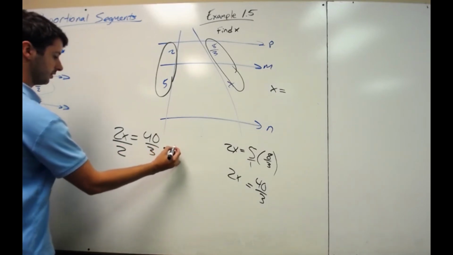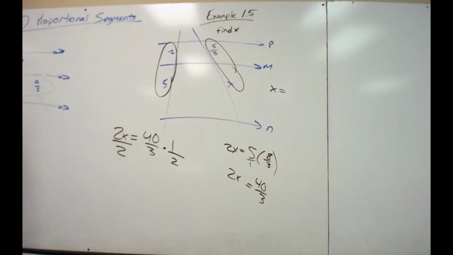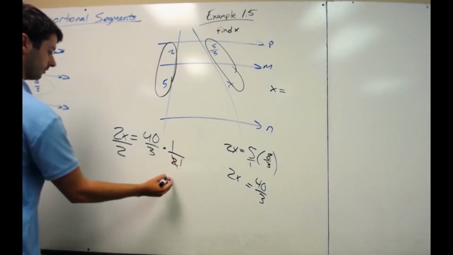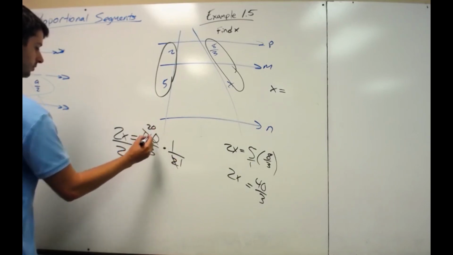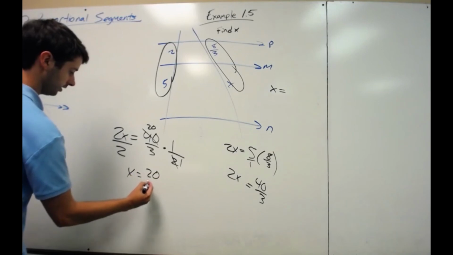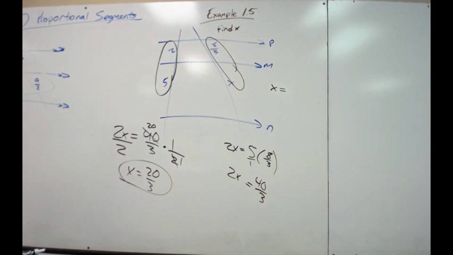Divide by 2, also known as multiply by 1/2. And then we can cancel there. 2 goes into 2 once, 2 goes into 40 20 times. So x would equal 20 over 3. Kind of a weird answer, but that is correct. And that is the end of lesson 1.